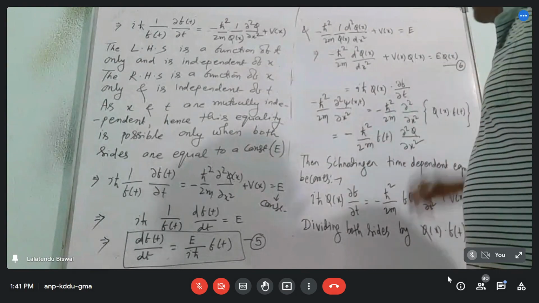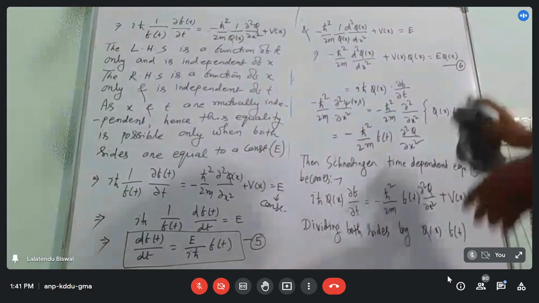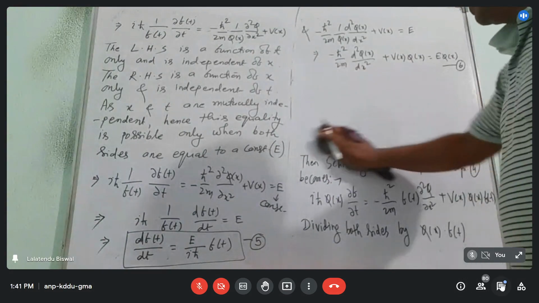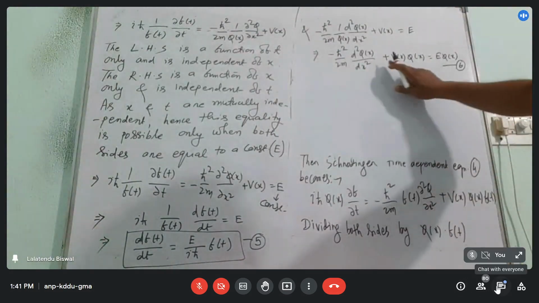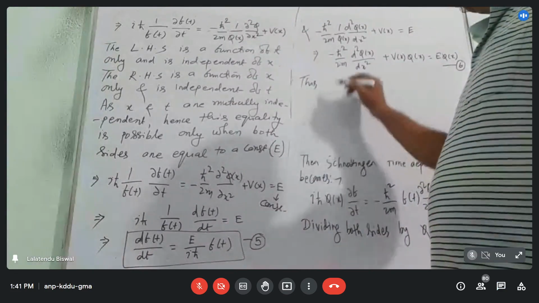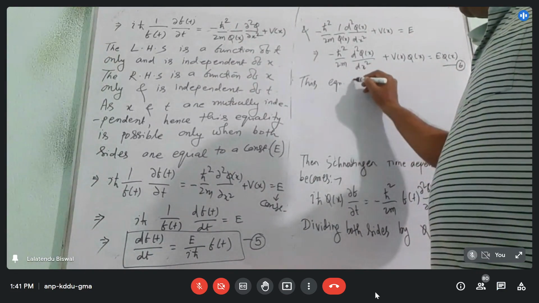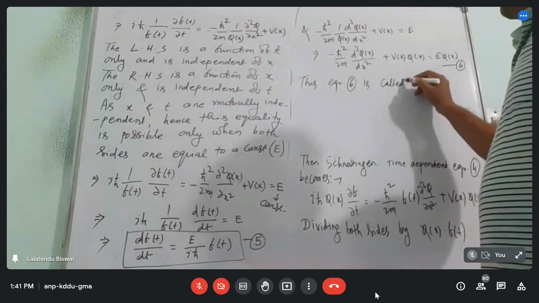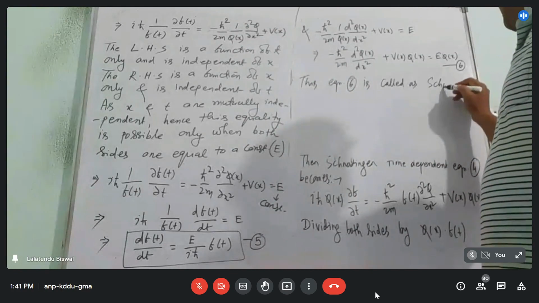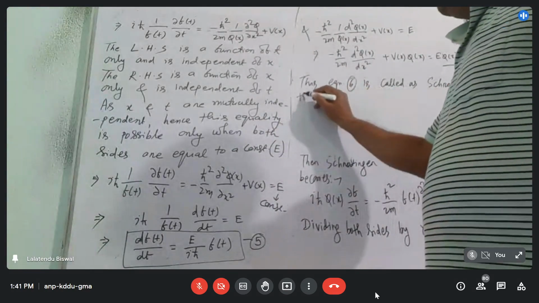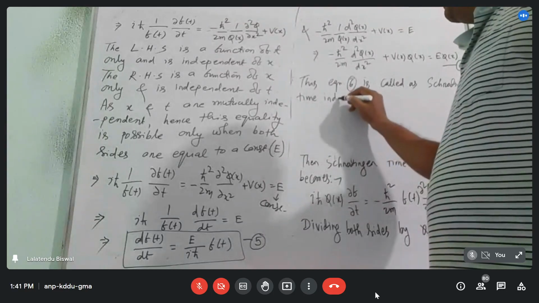This is 6. This equation 6 is called the Schrodinger time independent equation, because there is no time part. This equation 6 is called Schrodinger's time independent equation.